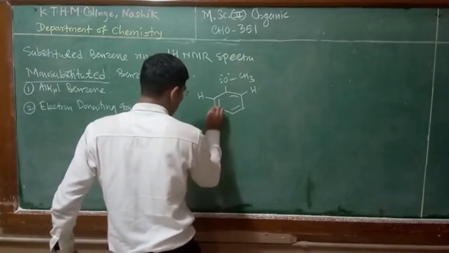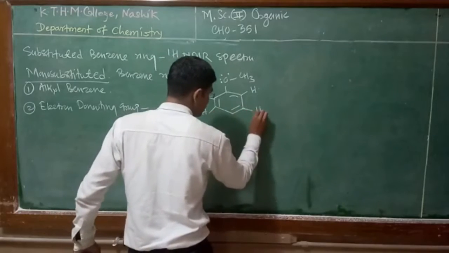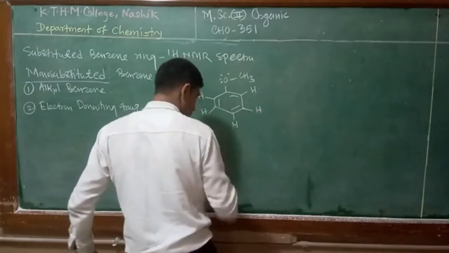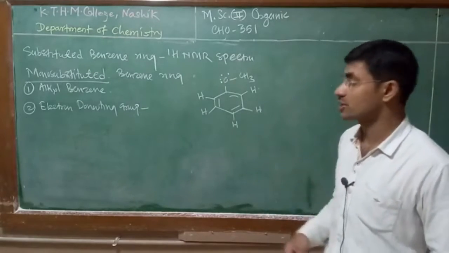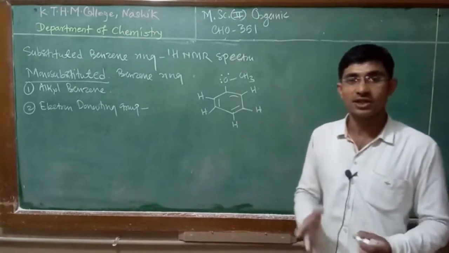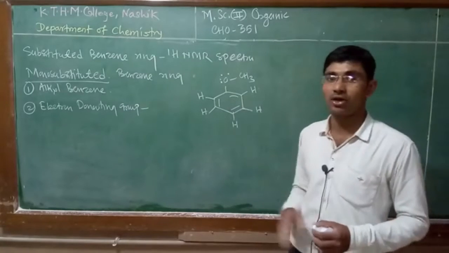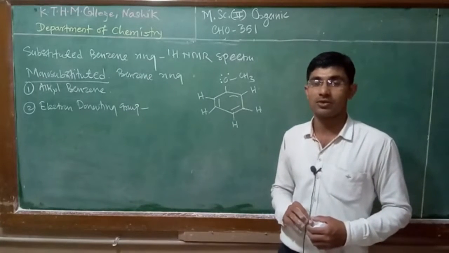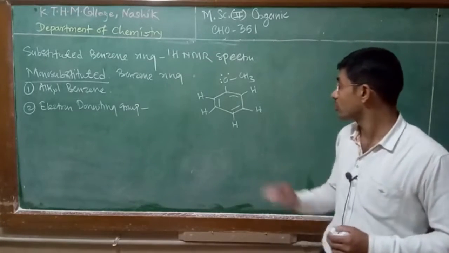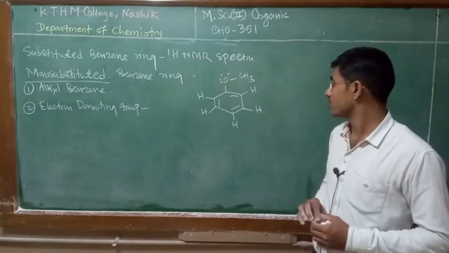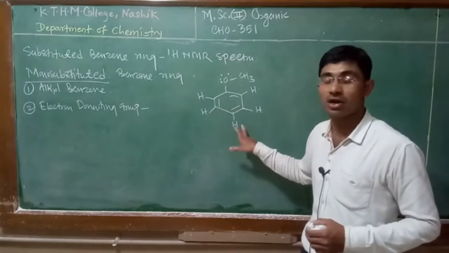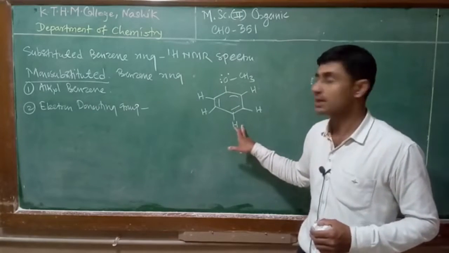Because of the resonance effect, if you write the resonance structure for this, obviously at the ortho and para positions, negative charge comes over this carbon in resonance. So these ortho and para protons are electron rich as compared to the meta protons.